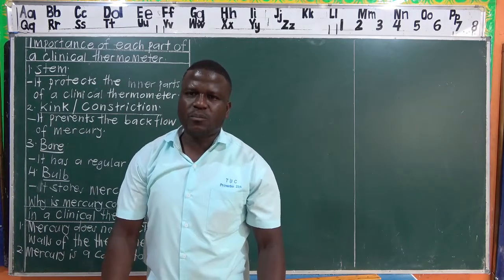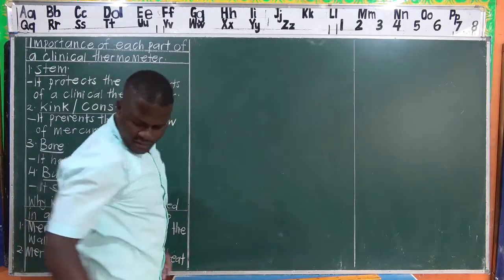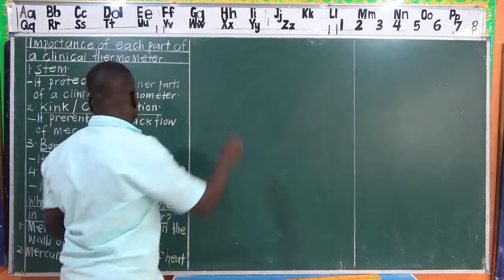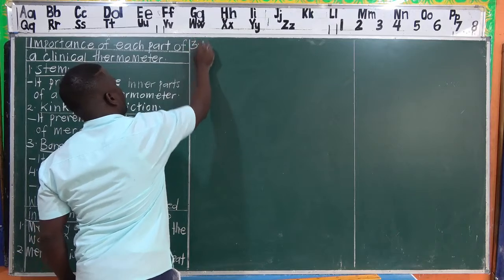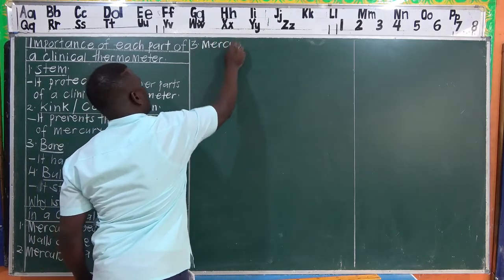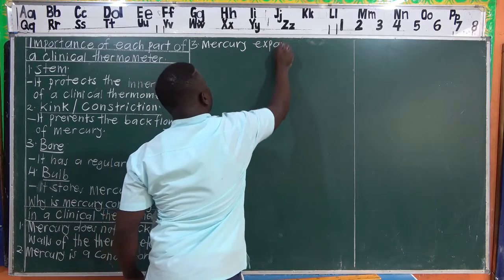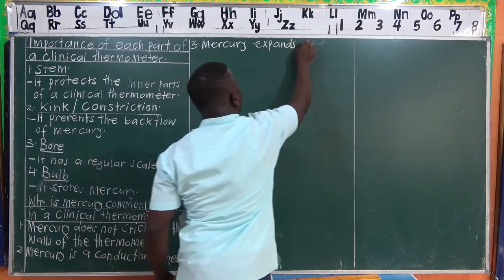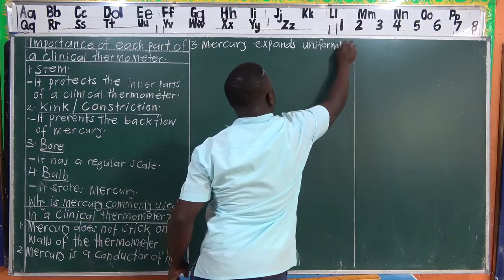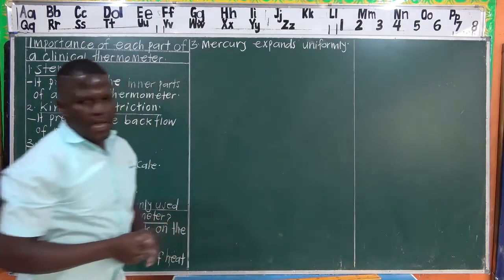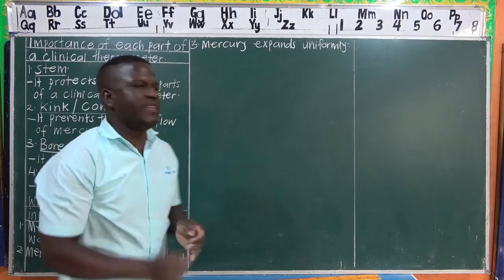Then mercury expands uniformly, or evenly. Then mercury can easily be seen.